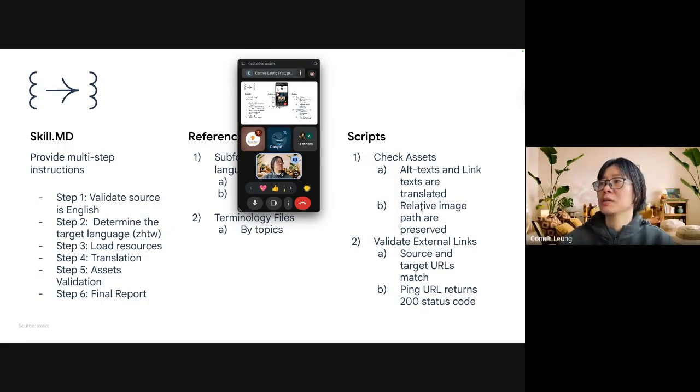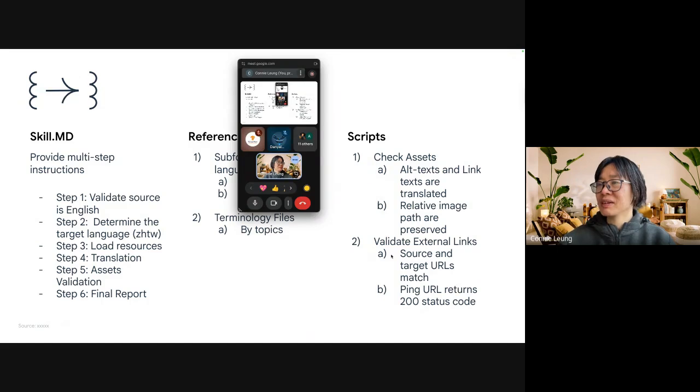But I need to make sure that the relative image paths are not translated. Otherwise, those images will be broken, right? I won't see the actual image.